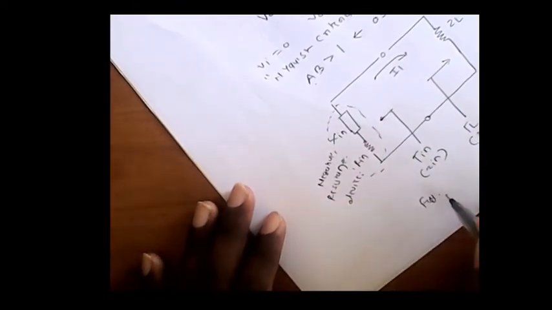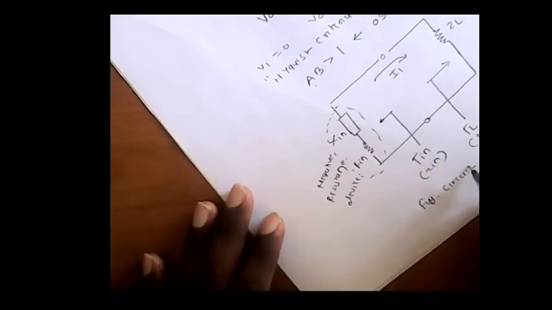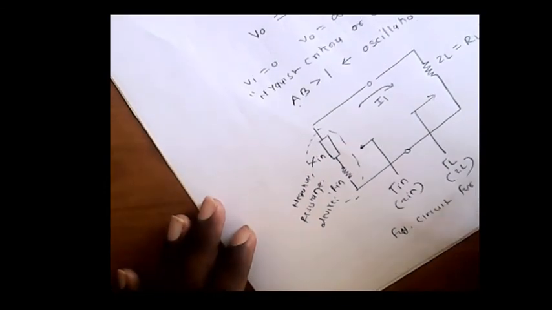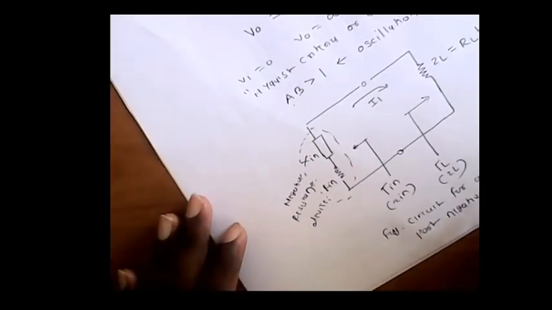This figure shows the circuit for a one port negative resistance oscillator.